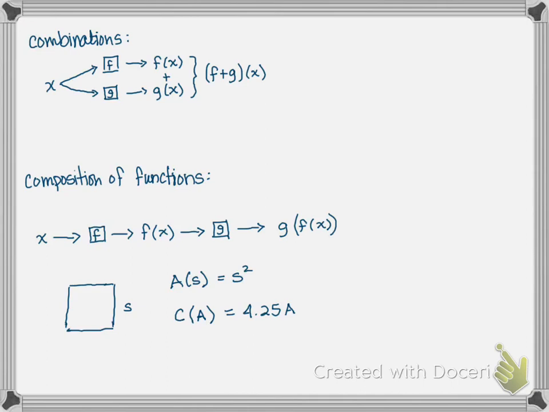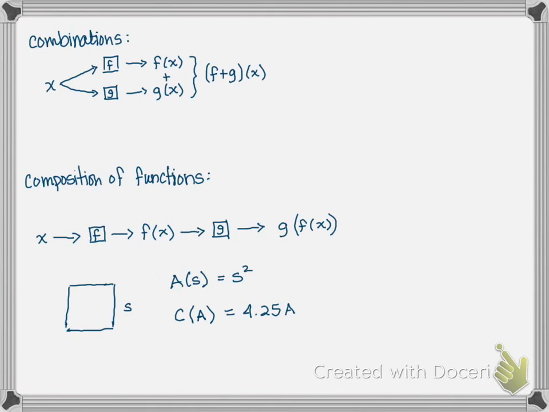Well, it would be nice if I could just measure one side of my room and plug that into a cost function and know how much I'm going to spend on carpet, right? So if I take A of S and I plug it into C, then I can get a function that has an input of S and an output of cost.